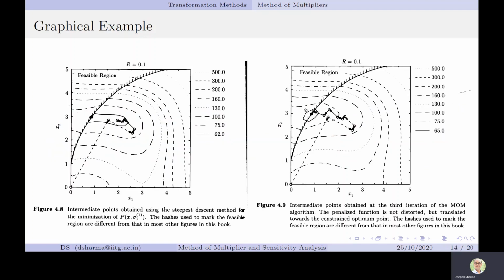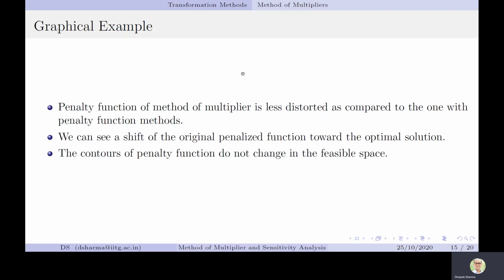So if you look at the previous two figures, the contours in the feasible space, whether it is second sequence or third sequence, remain the same. Only thing is that the contours in the infeasible area are moving in such a way that we will get the optimum solution. So these are the benefits of using method of multiplier, and that's why this method is quite famous to handle the constraint with our nonlinear problem.